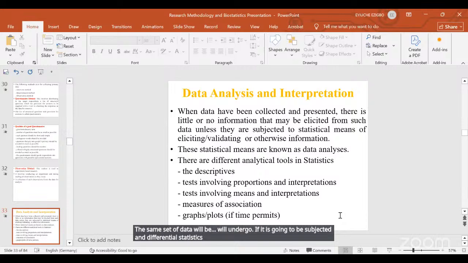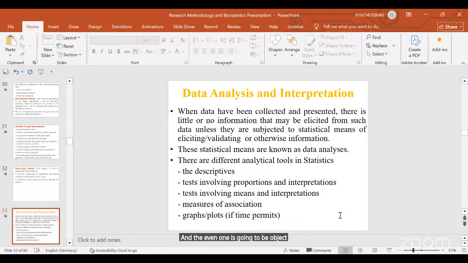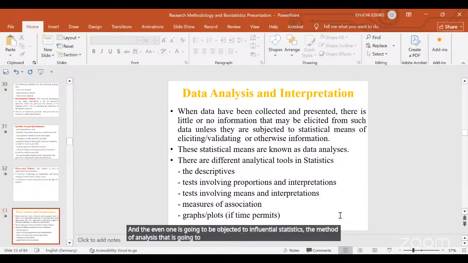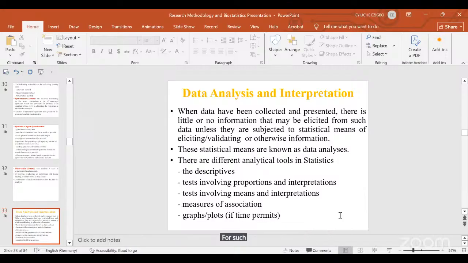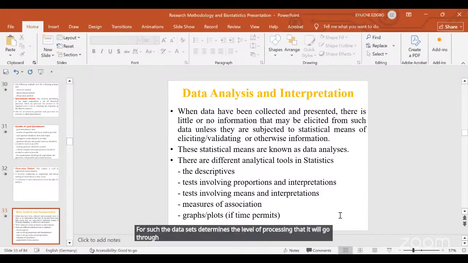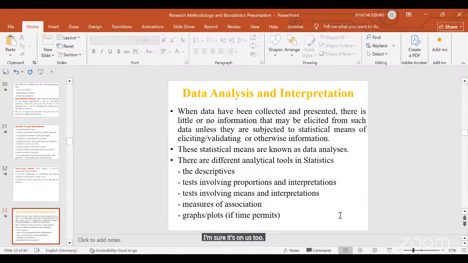And even when it's going to be subjected to inferential statistics, the method of analysis that is going to be used for such a data set determines the level of processing that it will go through. I'm sure it's understood. The essence of that is to make sure that the data is what? Ready for analysis.